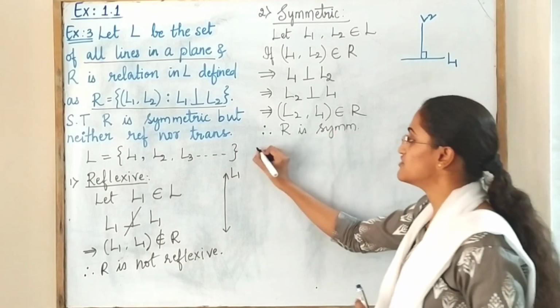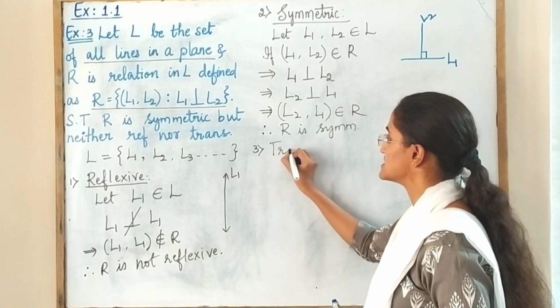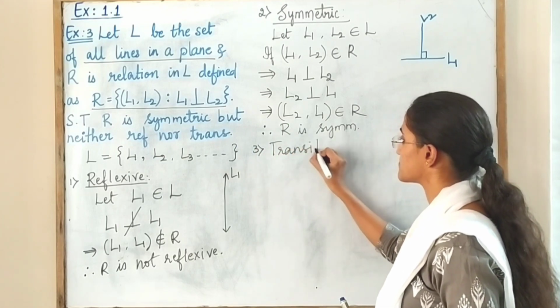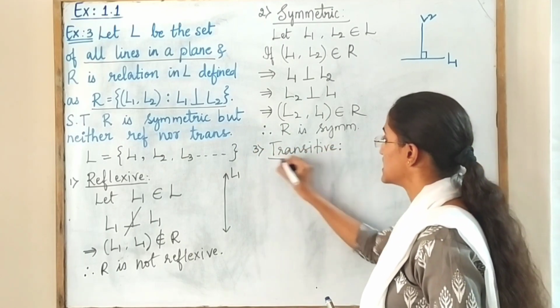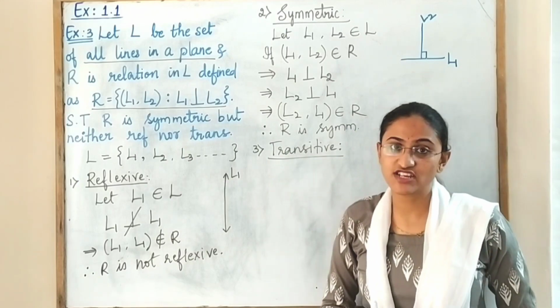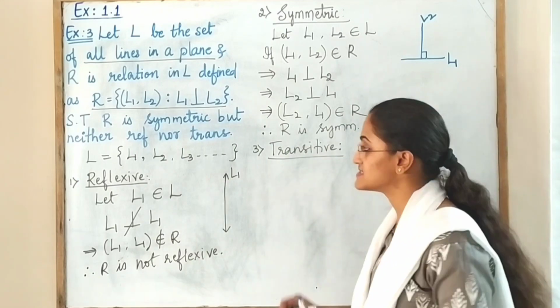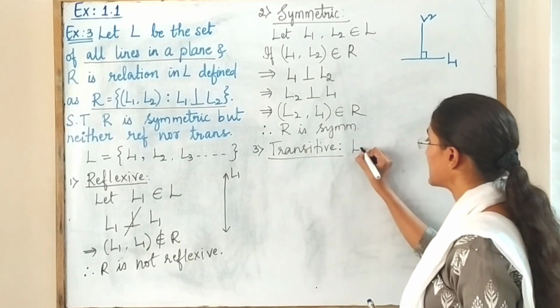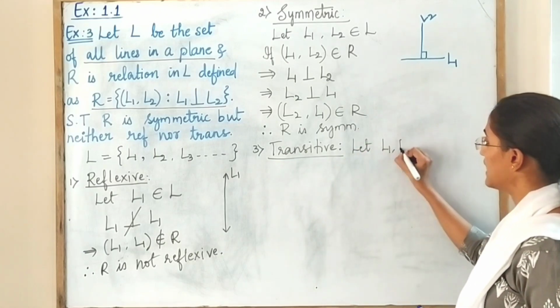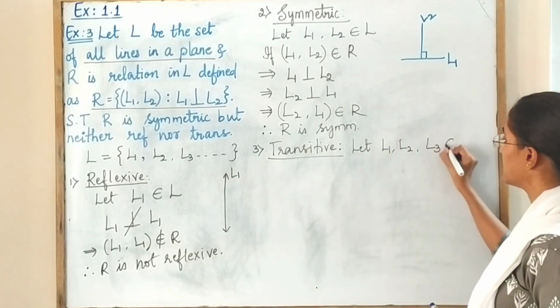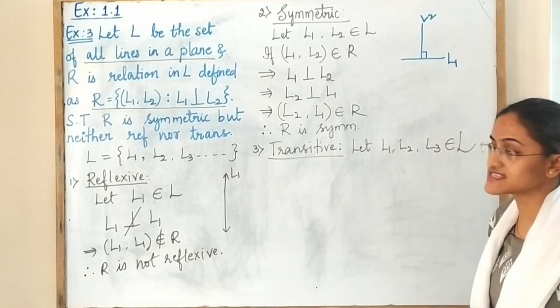Now, for the third one, that is for the transitive relation. Recall that for the transitive relation, we need to choose three elements. That is, I am choosing three lines at a time. L1, L2, L3 belong to the set of all lines given.